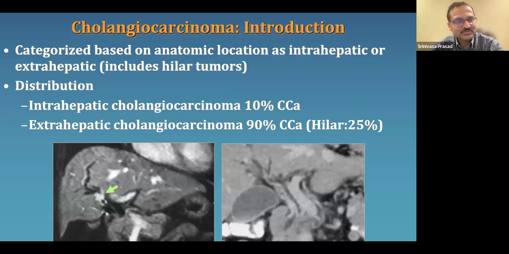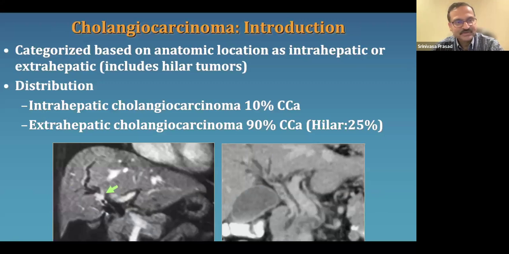So based on the anatomic location, they're referred to as either the extrahepatic or hilar, and the intrahepatic cholangiocarcinomas, which are approximately 10% of all cholangiocarcinomas.